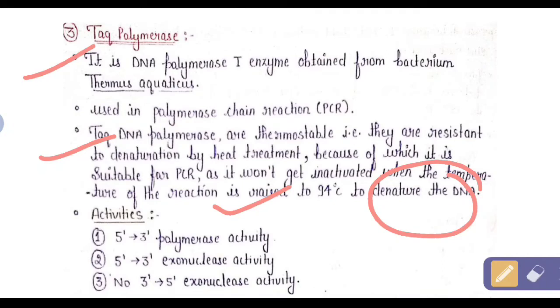It also has two types of activities it can perform: 5 prime to 3 prime polymerase activity, and 5 prime to 3 prime exonuclease activity. In case of Klenow fragment, we have seen that it has the 5 prime to 3 prime polymerase activity, but it does not have 5 prime to 3 prime exonuclease activity.